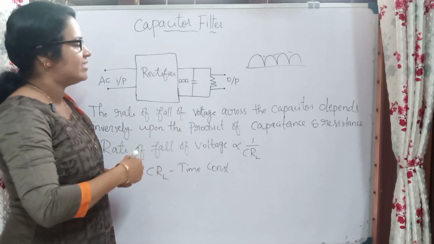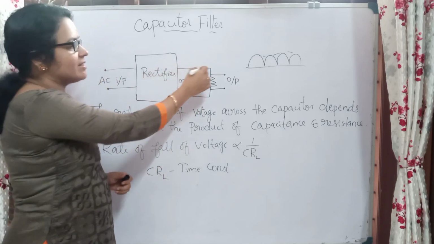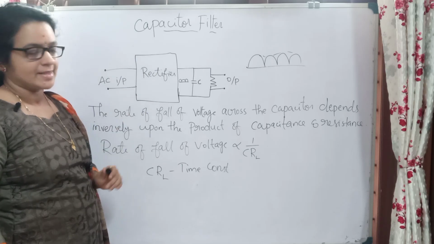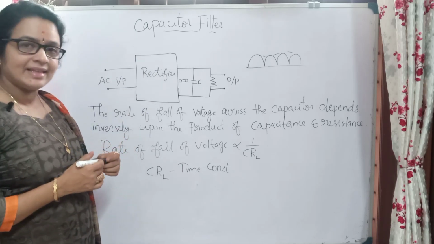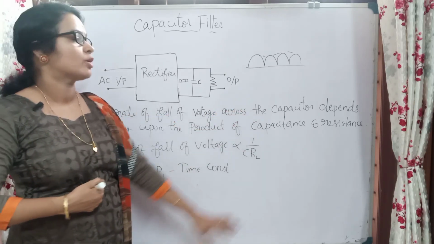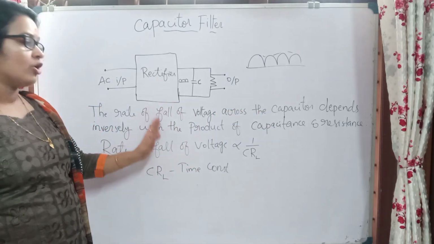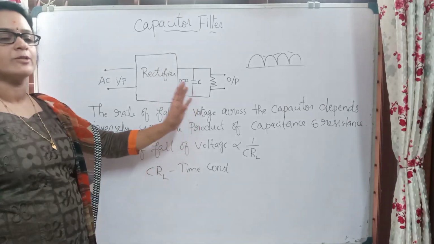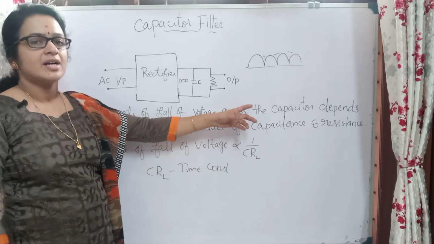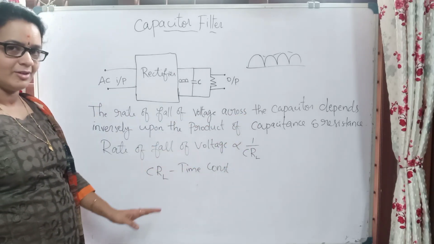So here what will happen? Here we are connecting a capacitor and then a load. This is a simple circuit for the capacitor filter. The only thing that you have to remember is this: the rate of fall of voltage across the capacitor depends inversely upon the product of capacitance and resistance. Got it?